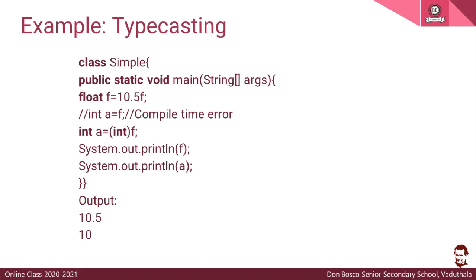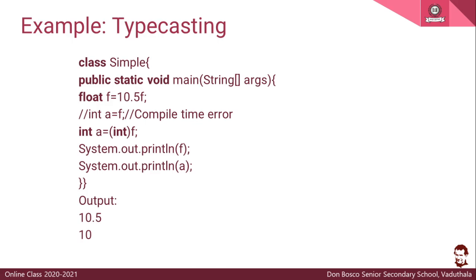Float is a higher data type, and it can be stored into a small size data type, that is integer. Okay, so what will be the value of a now? It will be 10 only. So what is the value of f? It will be 10.5. So kindly remember, it is a good example of explicit type conversion.